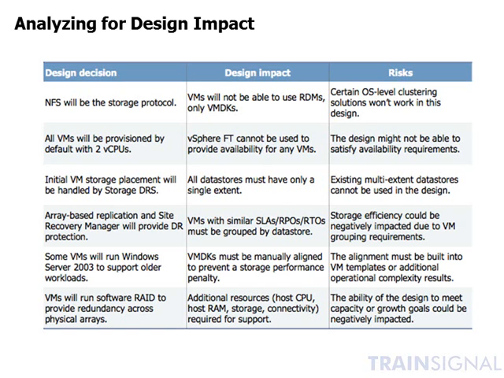One risk that this introduces, depending on what OS we're talking about here, is that certain OS level clustering configurations won't work because they do require RDMs. And if we standardize on NFS, then we've precluded ourselves from using these OS level clustering solutions.